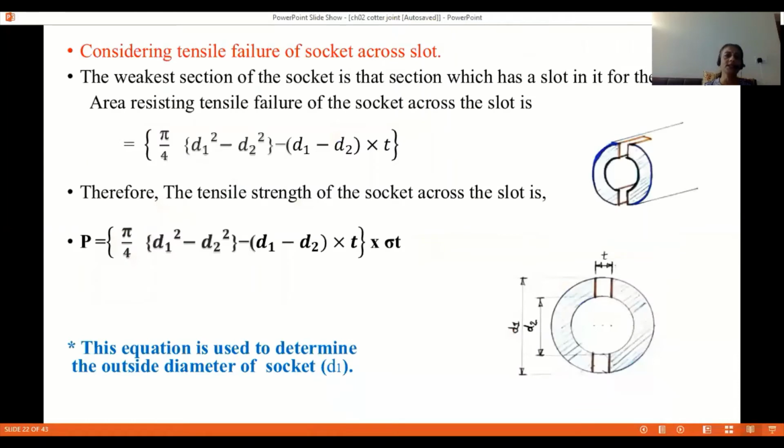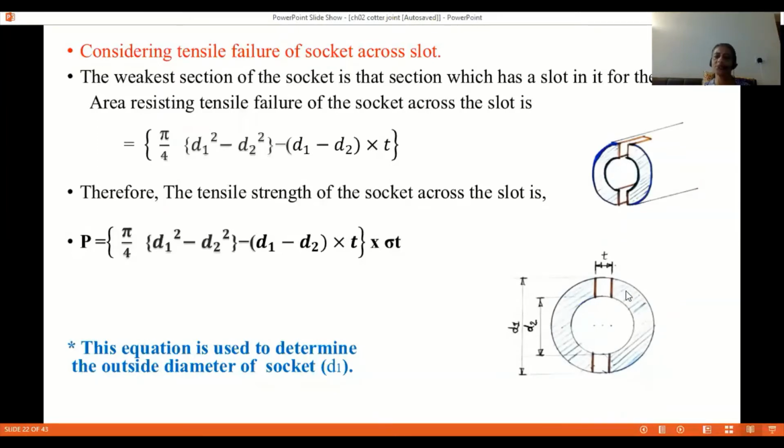So we have considered the tensile failure of the socket across a slot. From this 3D diagram, that is a pictorial view, you can see how the socket will be subjected to tensile failure. That 3D diagram we have shown as a two-dimensional sketch.